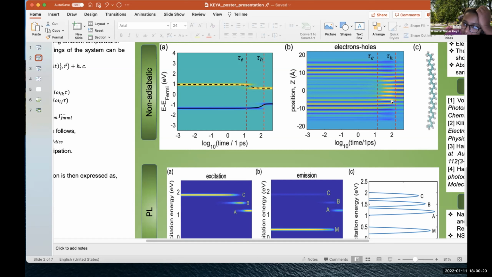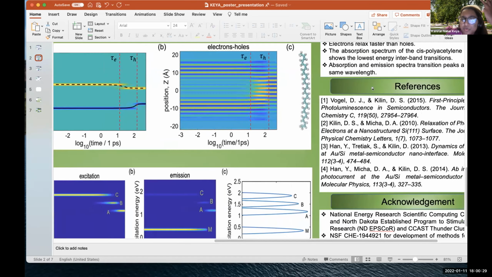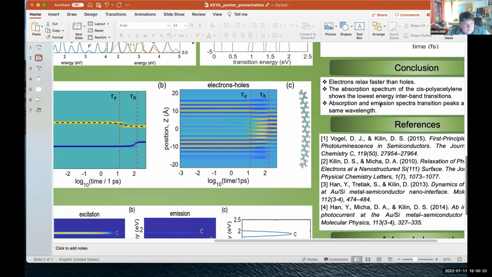That's why, in our paper, this is one of the most important things. I also wrote that in the conclusion: electrons relax faster than holes. Okay. David, are you satisfied with the answer?